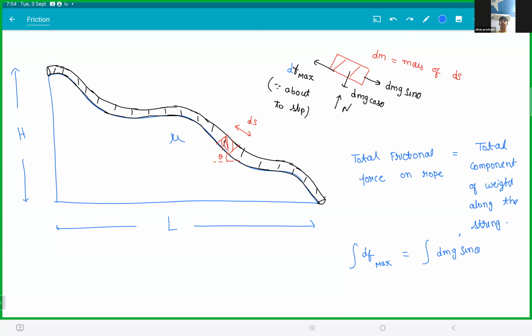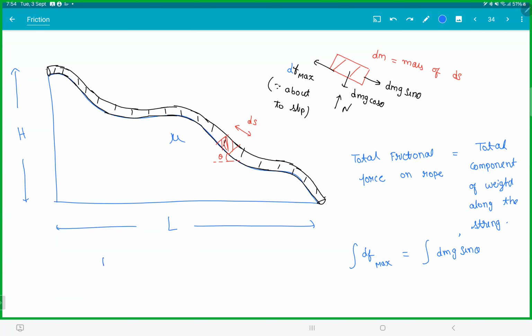Is that what you're trying to say? Yes, sir. Then Vihan, what you're saying is every segment's dmg sin theta is cancelling its own friction. Is that necessary? What about this part here? When it is flat here, is there any dmg sin theta here? But there is a friction there. If you look at this part here, very steep here, there is more dmg sin theta than friction here. Are you getting this? Okay, sir.